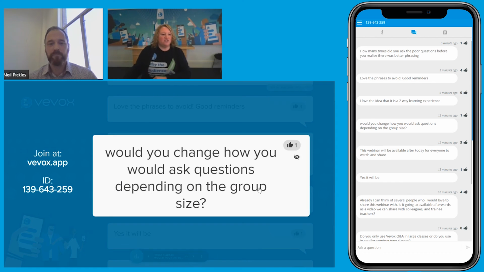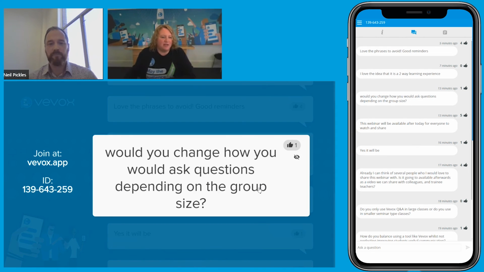How would you change how you would ask questions depending on the group size? Okay. Yeah, I sort of hinted at a little bit before and talked about small groups. So in a large group, maybe not the question itself, but the mechanism. A voting app like Vevox would make more sense.